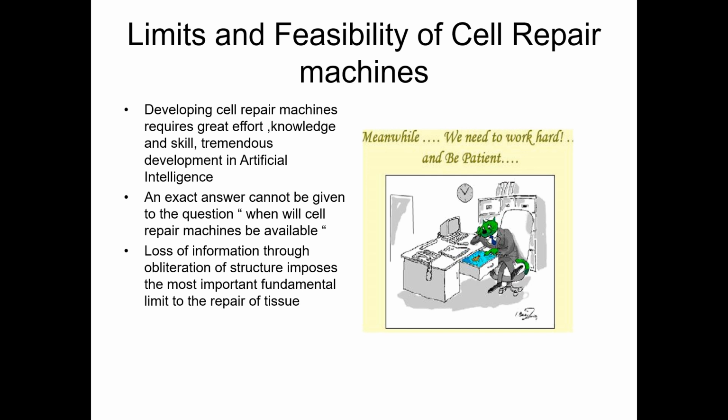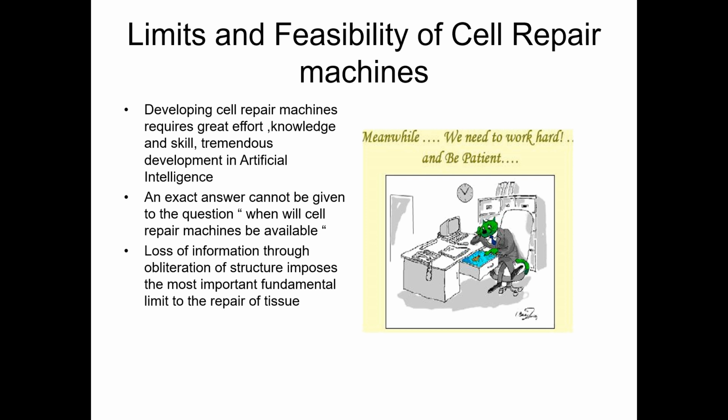We mentioned nanomachines or cell repair machines, and that they can do many more things for us while dealing with different diseases. But there are some difficulties and limitations that are still not overcome.